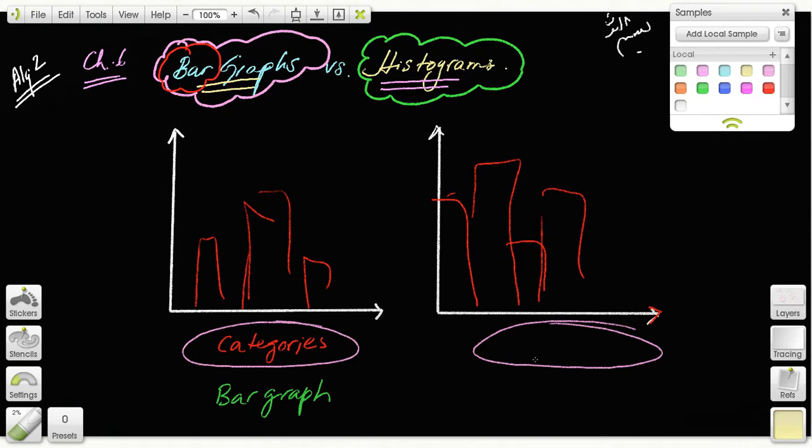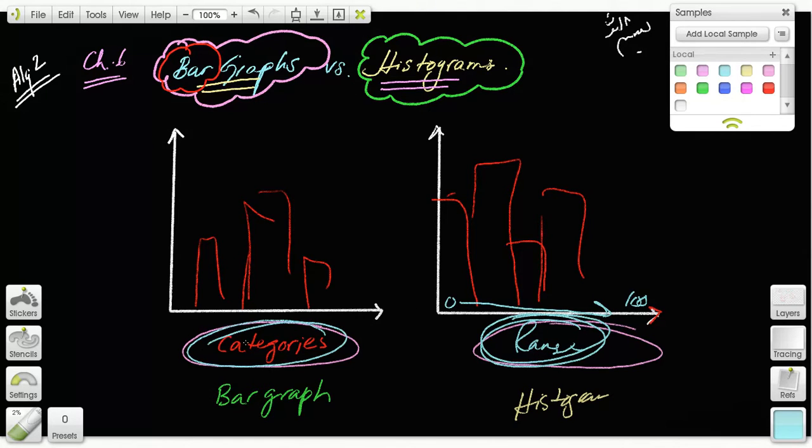On the other hand, in a histogram, what goes on the x-axis are not categories, but a range. In other words, there's some kind of scale, like 0 to 100, like test scores, for example. A test score of 65%, whatever. So here you have a range, and here you have categories.